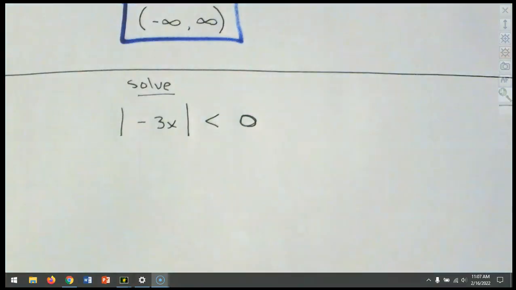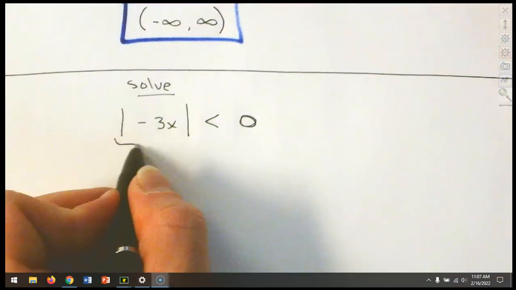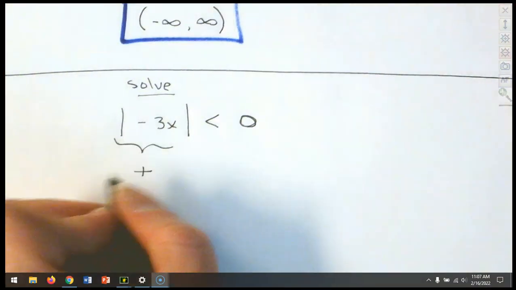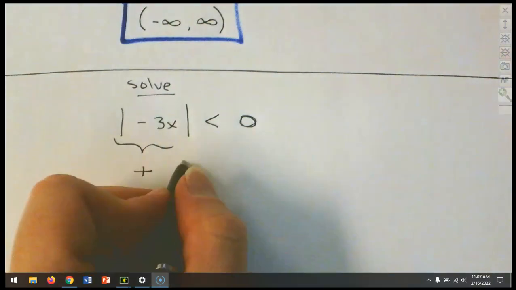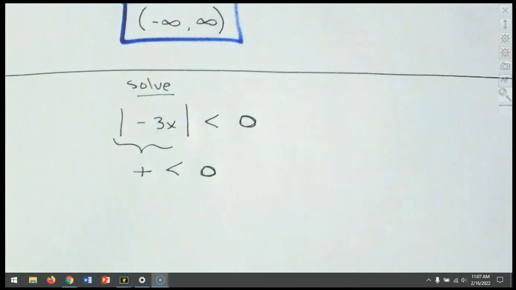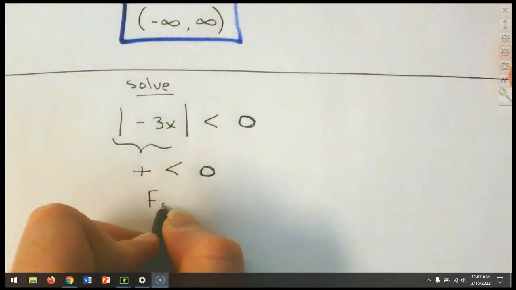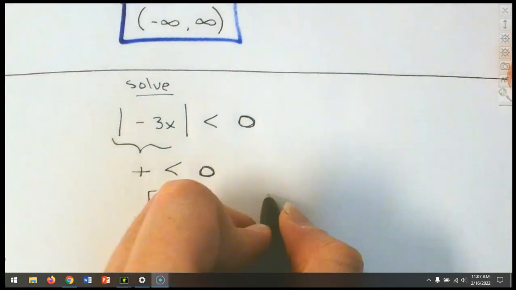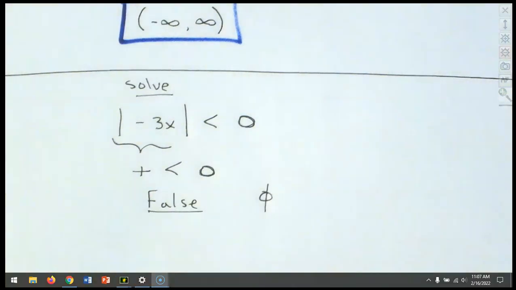Absolute value of minus 3x, less than 0. What do we know about absolute values? Absolute values are positive. Are positive numbers going to be smaller than 0? Can that happen? Nope. So that would be what now? False. And so that means you have what? No solution.